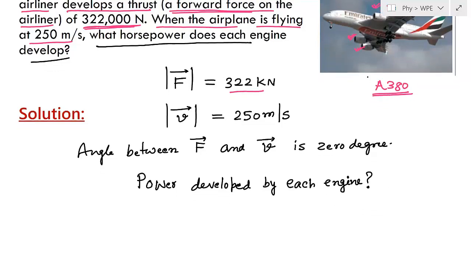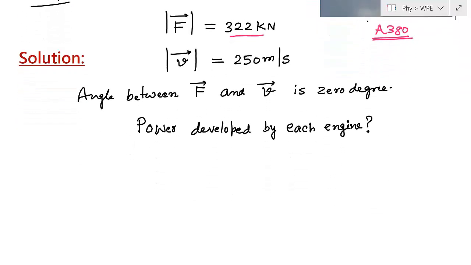You may remember the formula to calculate power. Power is F dot V. This is the dot product. If you take the dot product of two quantities, it becomes a scalar quantity.